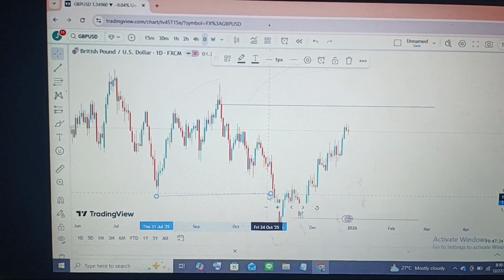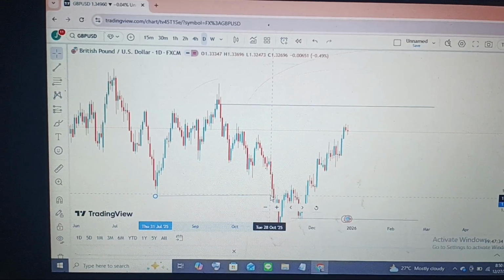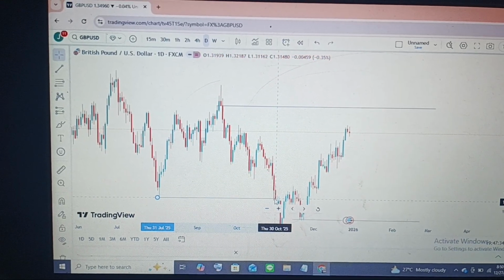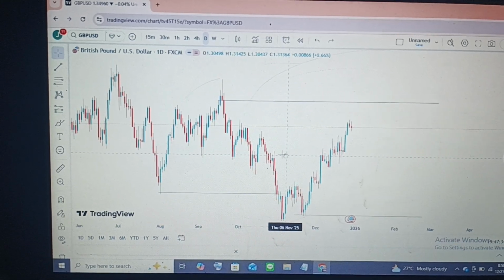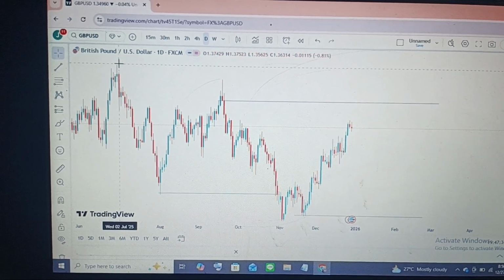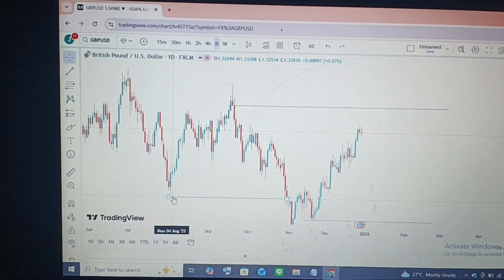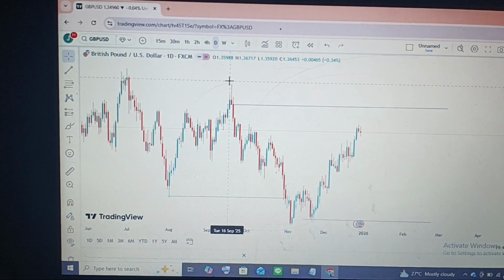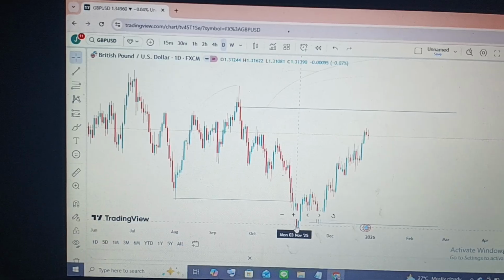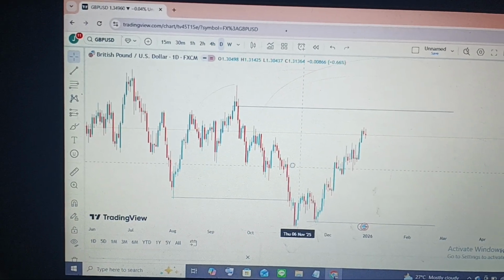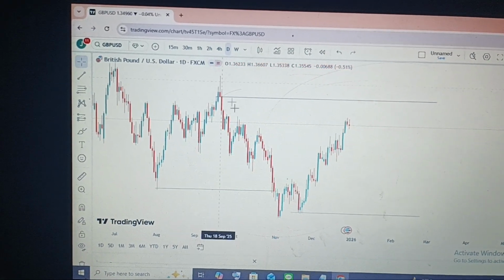Hold on, this is a low, and this is the high that led to this low. This high here led to the break of structure to the downside.